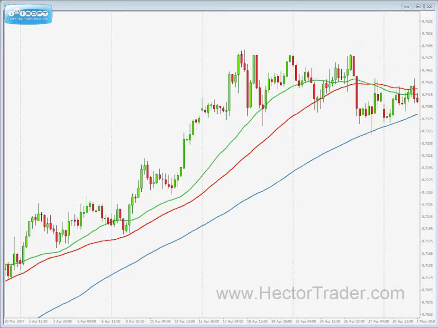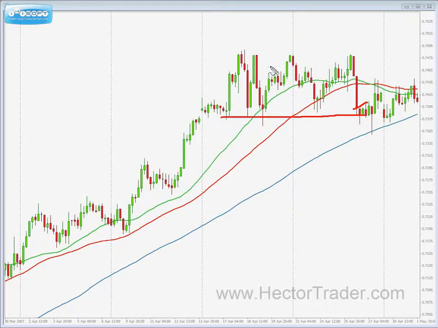Moreover, the 50 usually warns us in advance that we might want to hold our horses. If we were up here, this was the current market price, let's say, and we were searching for a long entry, and we see this very bad, massive red bar breaching through the 50 simple moving average, at this time it was time to say, all right, I don't want to search for long entries anymore.